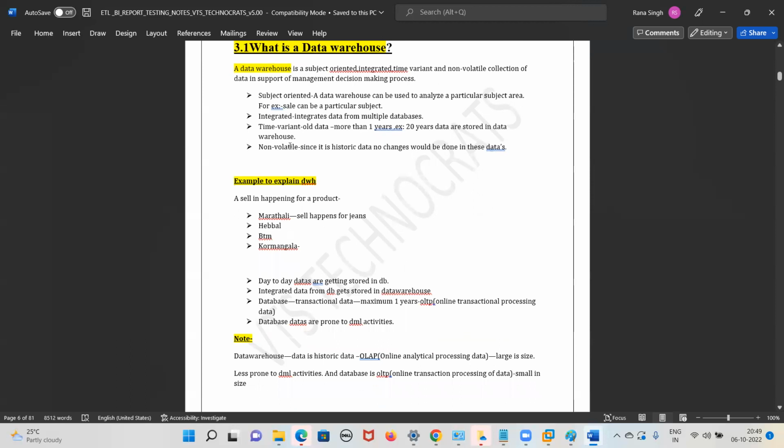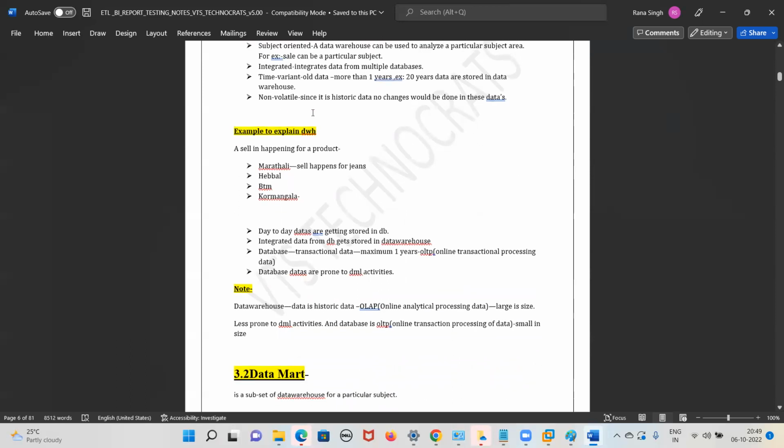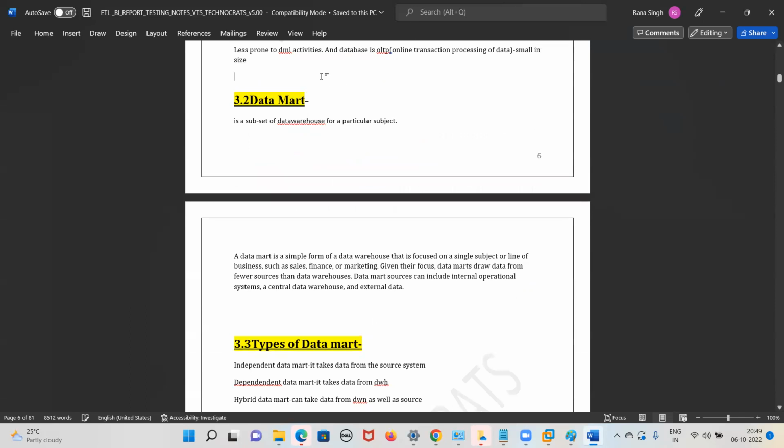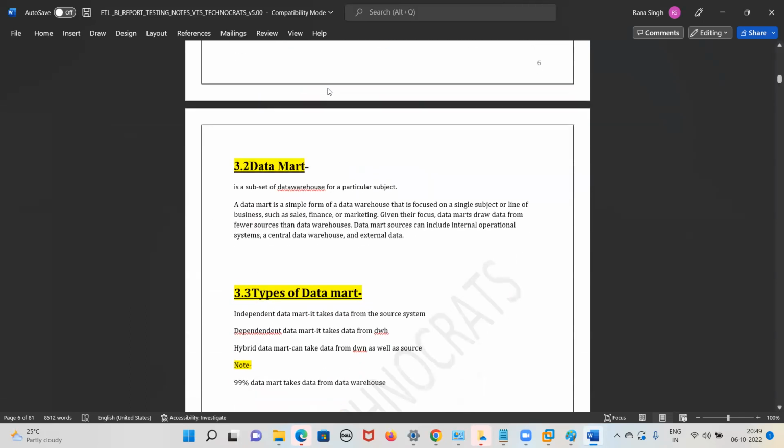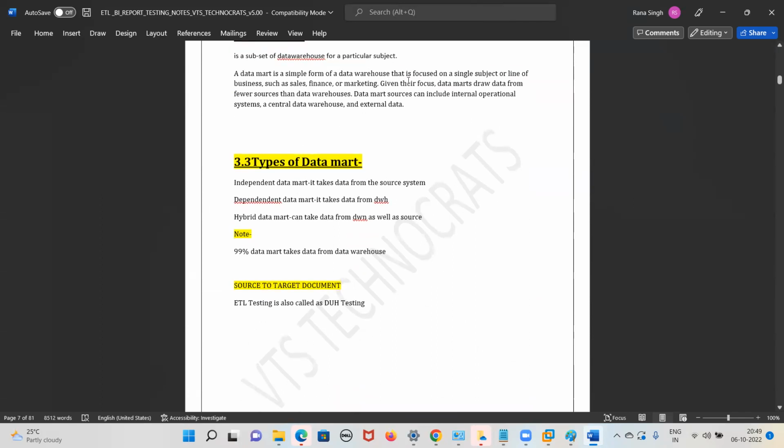Time-variant, old data are there, at least more than 1 year, 20 years, 100 years. Non-volatile, since it's historic data, we will not do any changes like update or delete. Data mart, I already explained to you. A data mart is again a subset of a data warehouse. It is a simple data warehouse that focuses on a particular subject.